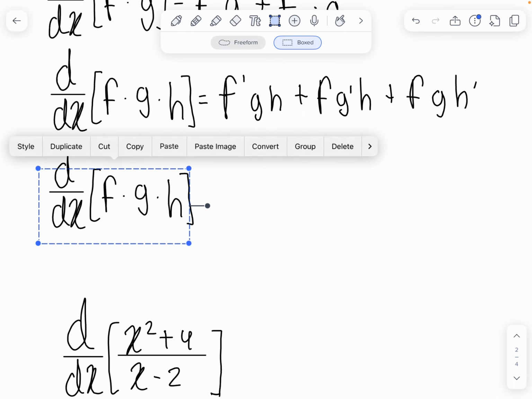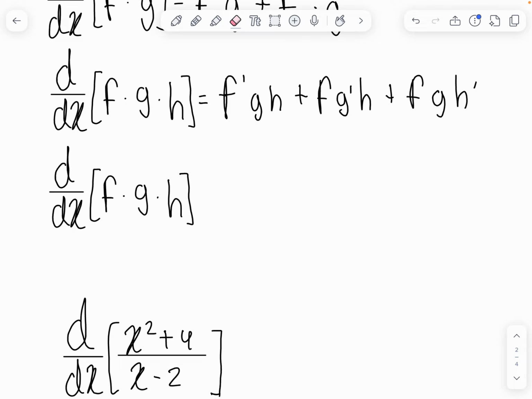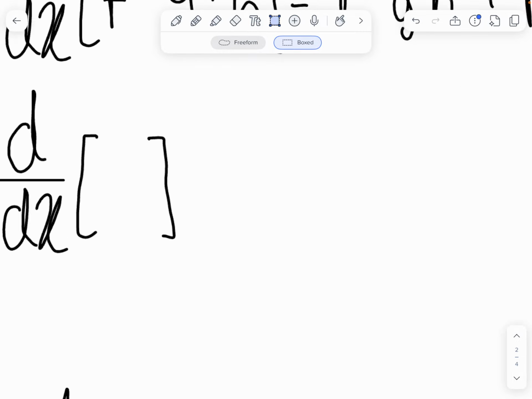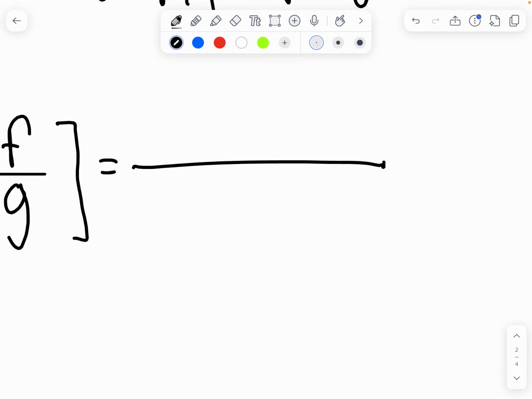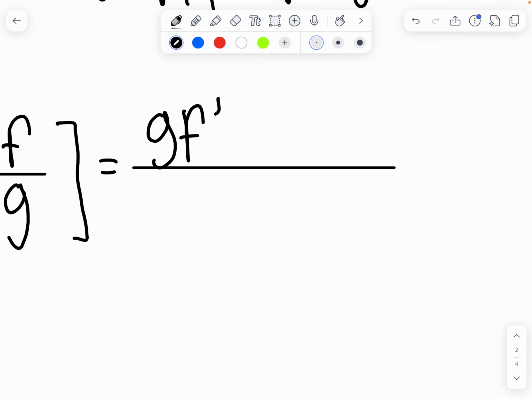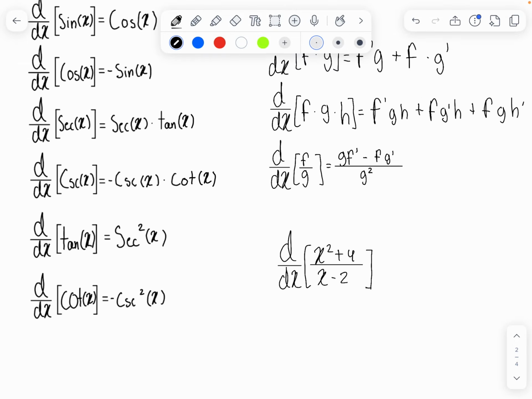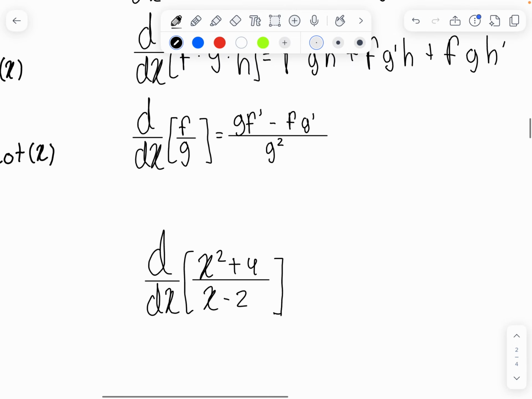Oh, yeah, I remember now. So the formula is. Let me erase all of this. G times f prime minus f times g prime over g squared. Okay, so that is the formula for the quotient rule.